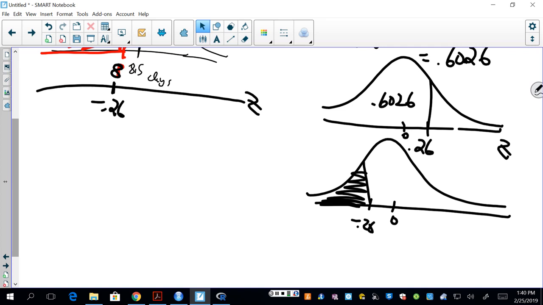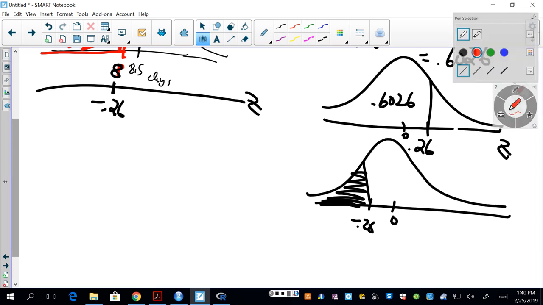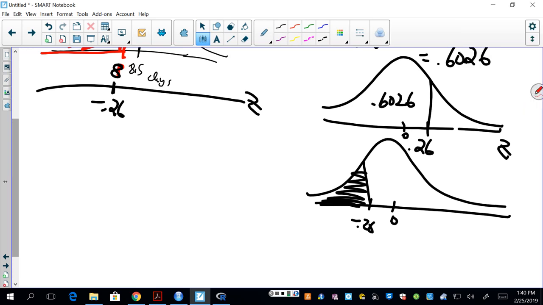Based on symmetry, the tails are the same, you flip it about 0. What's going to be that area over there? It would be 1 minus this area, and that's also this tail up here: 1 minus 0.6026, which is 0.3974.